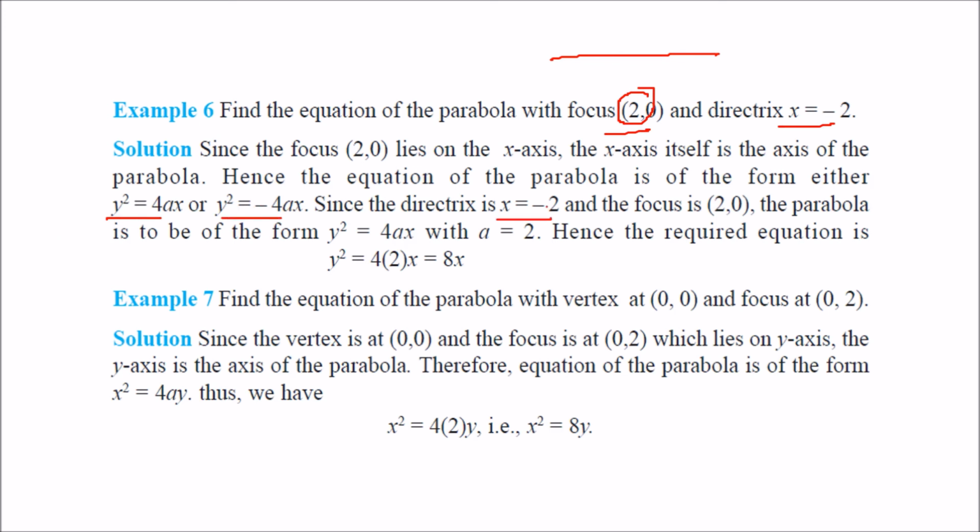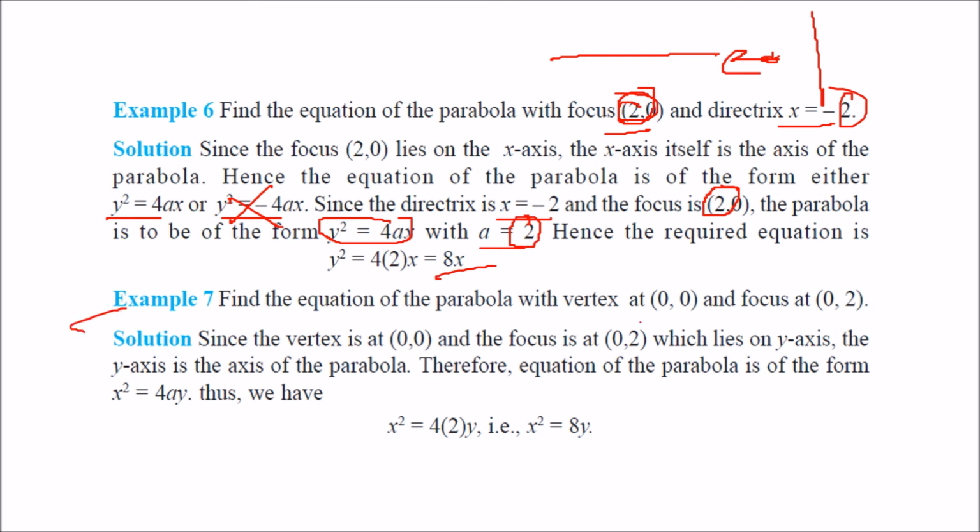But the directrix is x equal to -2, that means it is on the opposite side, the negative side. The focus is (2, 0), so the parabola cannot open left. It has to be y square is equal to 4ax. Here a is equal to 2 because it is given. So the required equation will be y square is equal to 4 into a into x. Putting 2, y square will be equal to 8x.